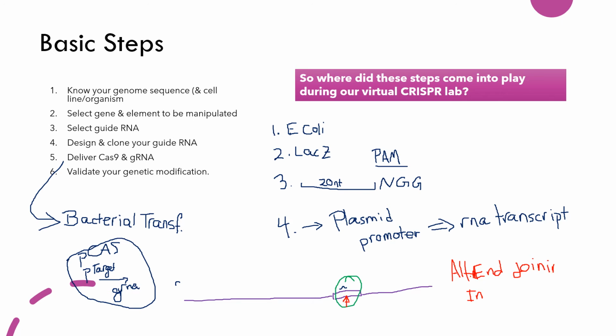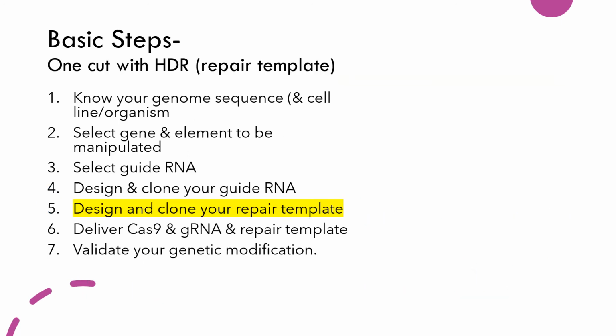Sloppy joining creates small mutations called indels. So we should have some type of disruption to our functional LAC-Z. Okay, so that is just doing one-step targeted cutting and spontaneous repair using CRISPR.